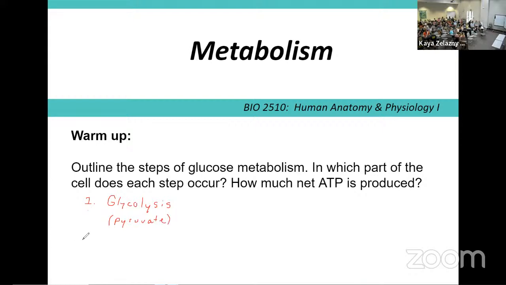And where we left off is with our next step, the Krebs cycle or the TCA cycle. And our final step, pretty much what we'll be focusing on today, is oxidative phosphorylation using the electron transport chain.